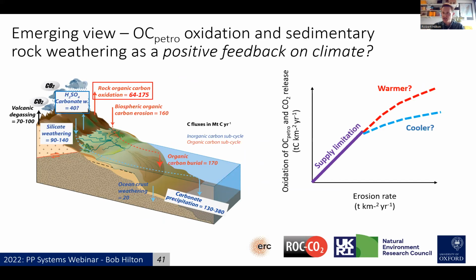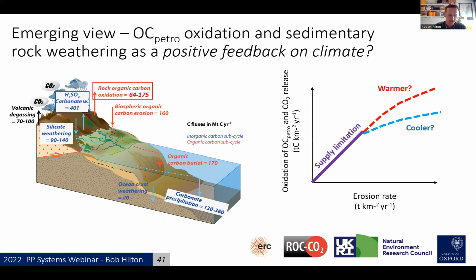Here I'm saying that we also have a temperature control. If we're cooler, we might see less of the CO2 being released. Warmer, we're going to see more. That releases more CO2, which makes it warmer, which could release more CO2. So we have this so-called positive feedback that hasn't been recognized before.